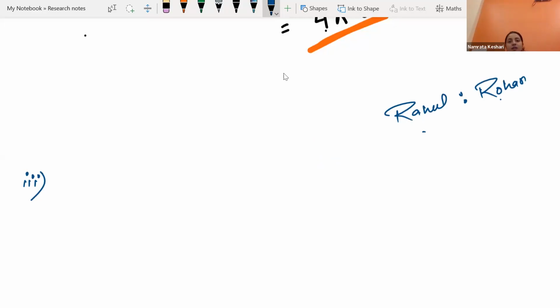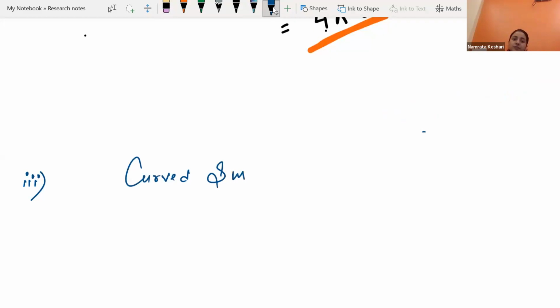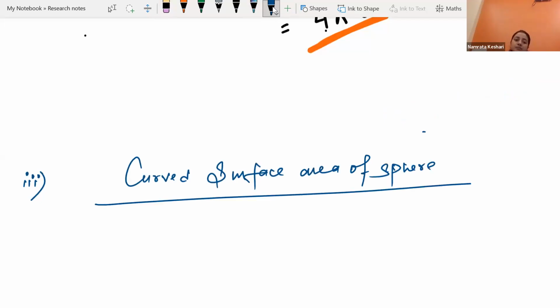Here and there, please don't misplace it. So here it says the ratio between 1 is to 2. In 1 we found the curved surface area of the sphere, and in 2 the curved surface area of the cylinder.